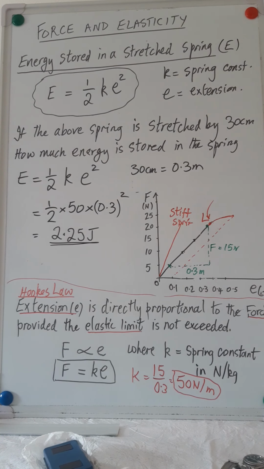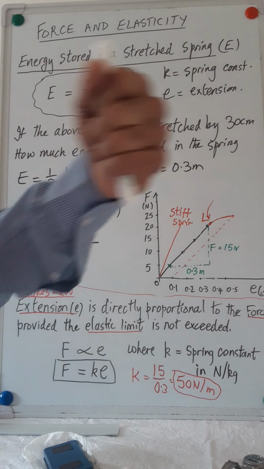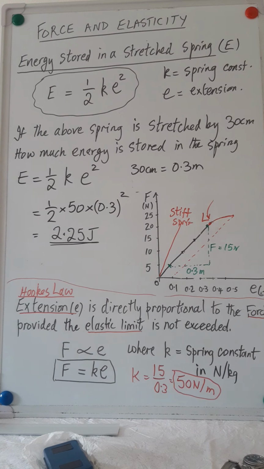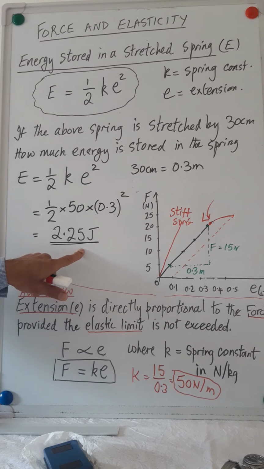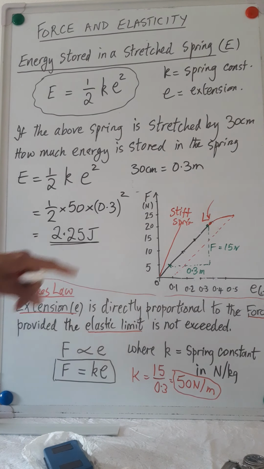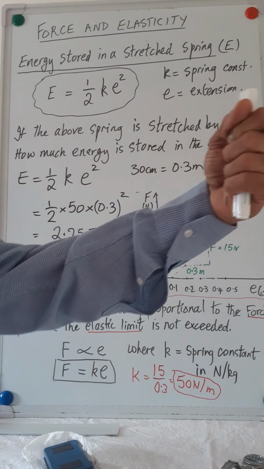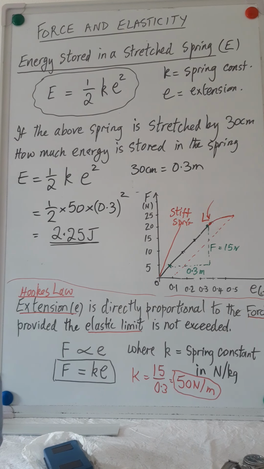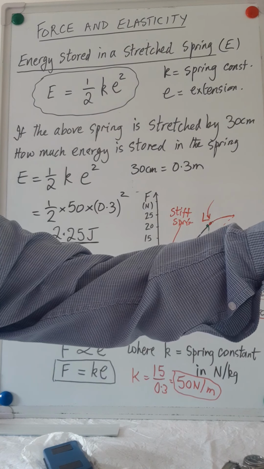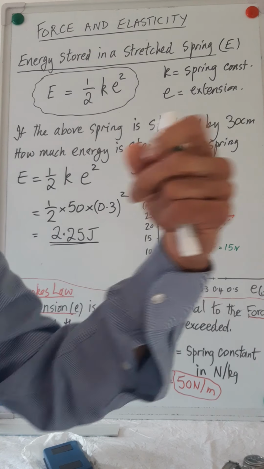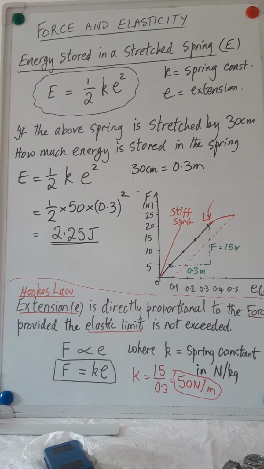Now, remember, how do we use this energy? For example, you have a bow and arrow. If you stretch a bow, suppose the elastic band of the arrow had this much energy stored in it. When you fire the arrow, you stretch the elastic band and you let it go. All that energy is converted into kinetic energy of the arrow.